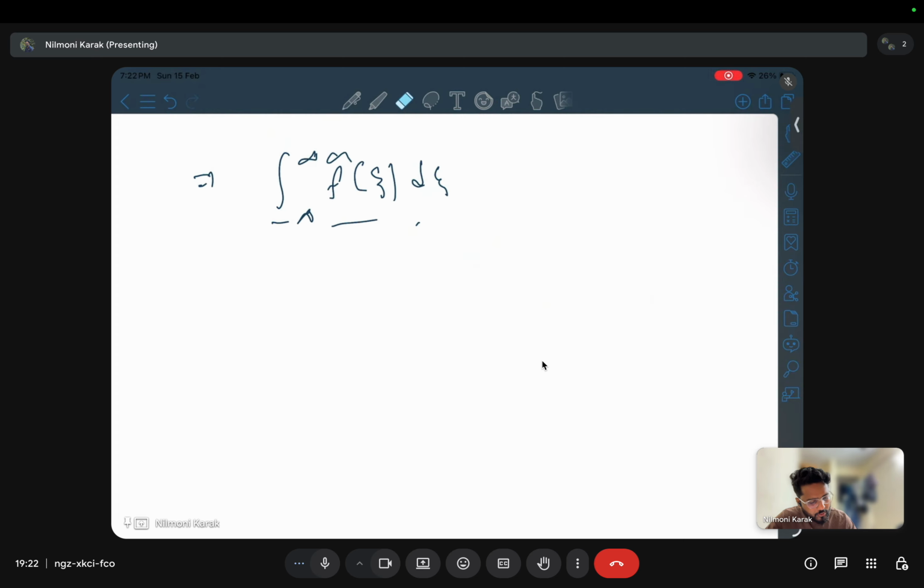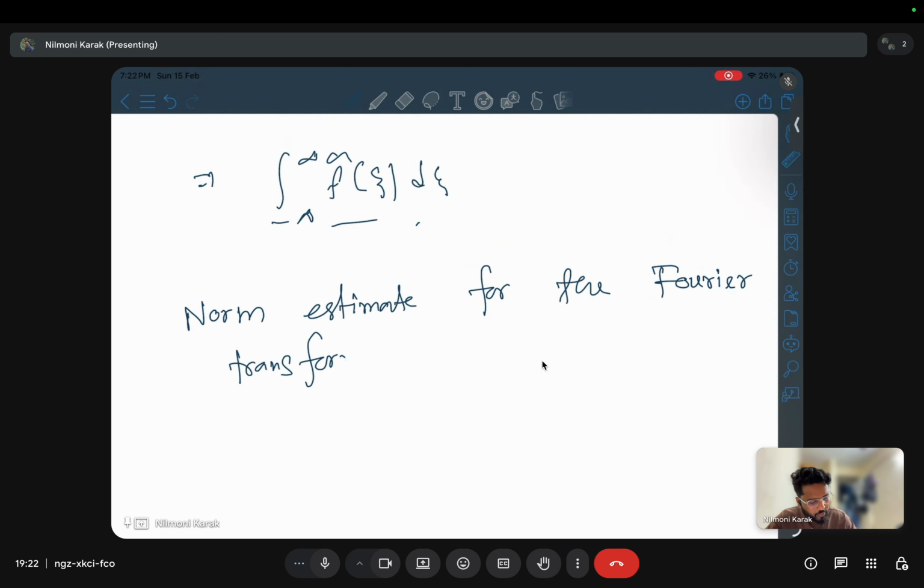Then we have seen the norm estimate for the Fourier transform.